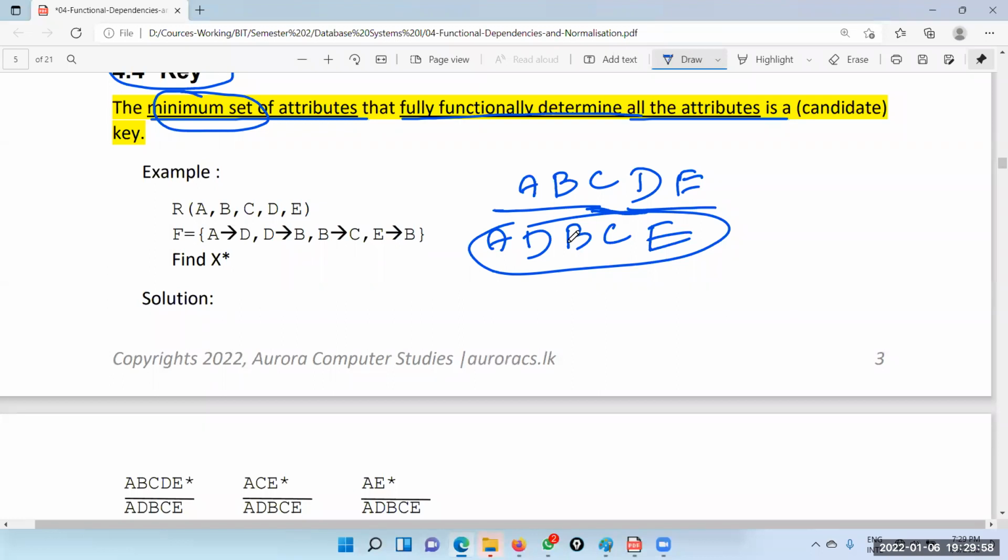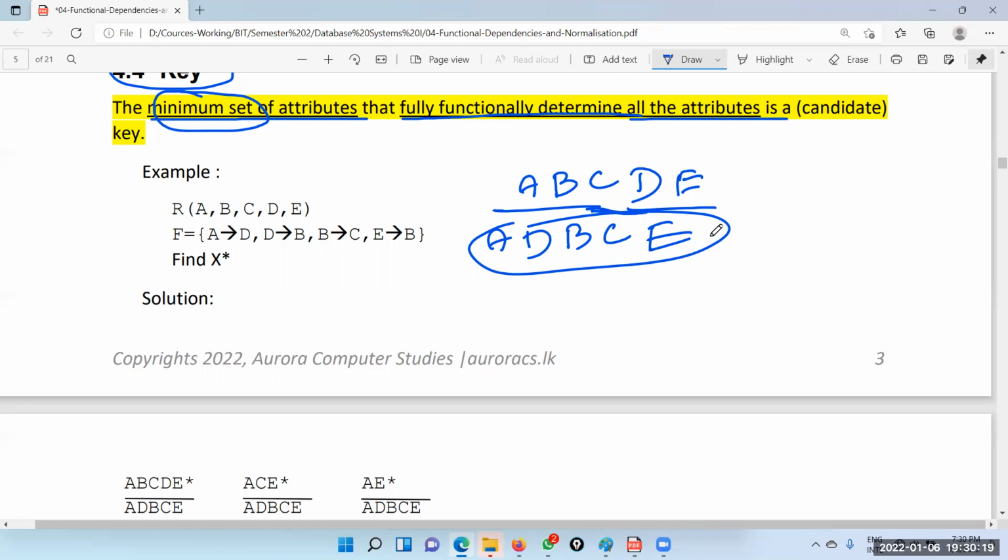Okay. Now let's try another possibility. Now you know that until you get E, because E determines B, no one determines E. So therefore, we must take E into the key.